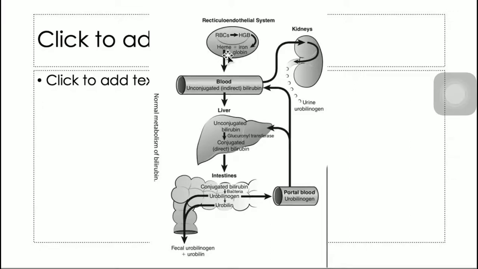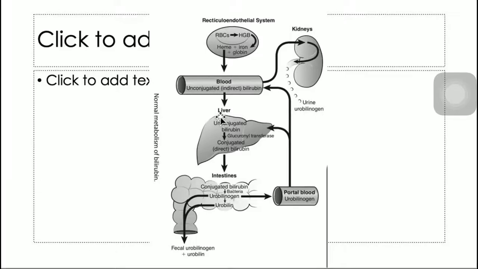And then the biliverdin will be reduced by biliverdin reductase to form your, ito na, your unconjugated bilirubin. No? So your B1 or unconjugated bilirubin is water insoluble. No? So kailangan po niya ng transporter o ng carrier. So this one will be transported by your albumin papunta po dun sa liver.